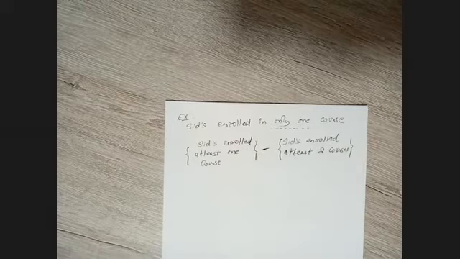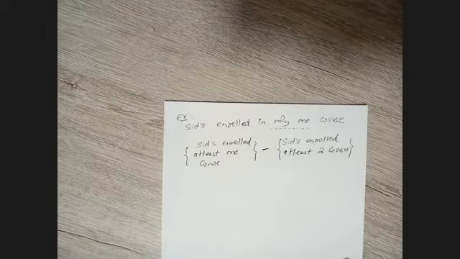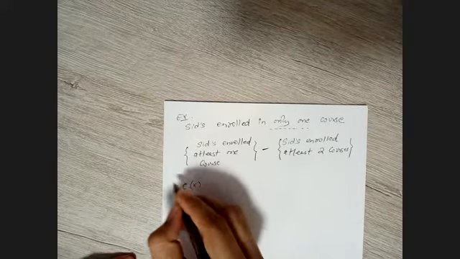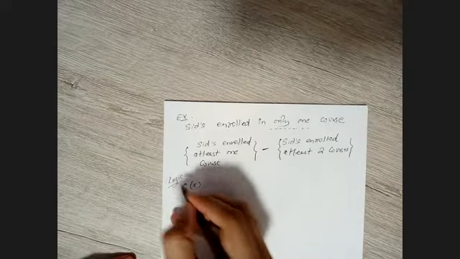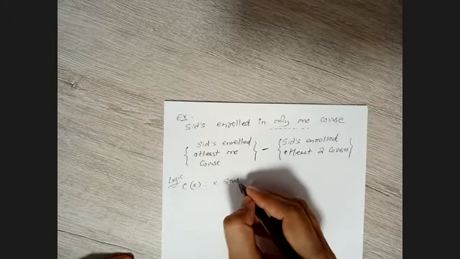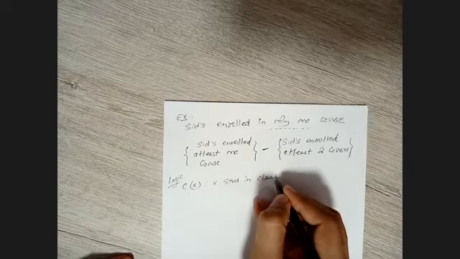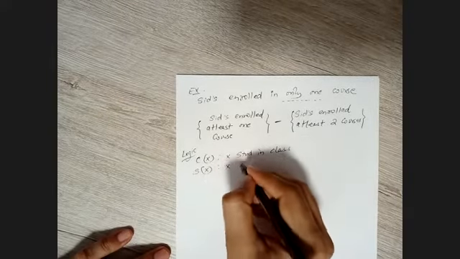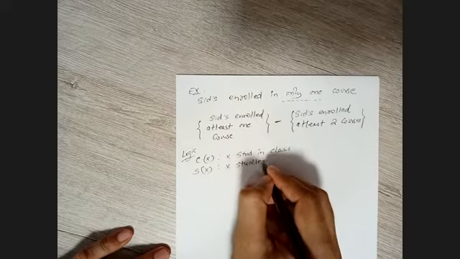Right? How? Understand. Let's continue the same example. Understand the logic here, right? Let's say C of X, the same condition, C of X is, X is a student in a class, right? And S of X is, X studied maths, right?